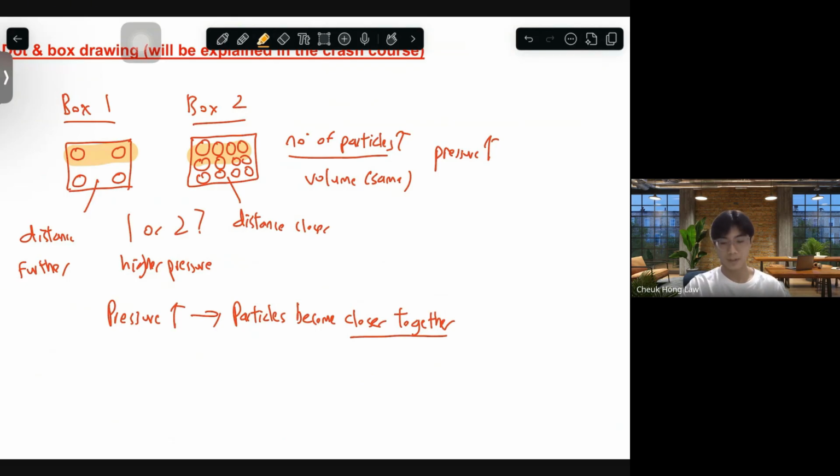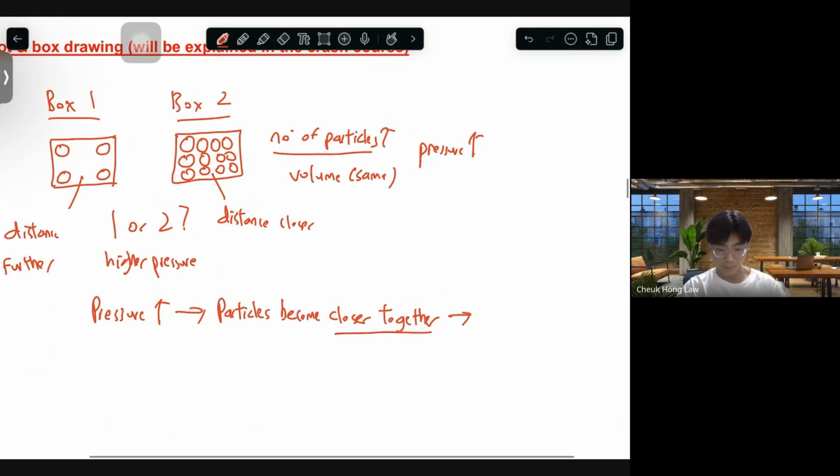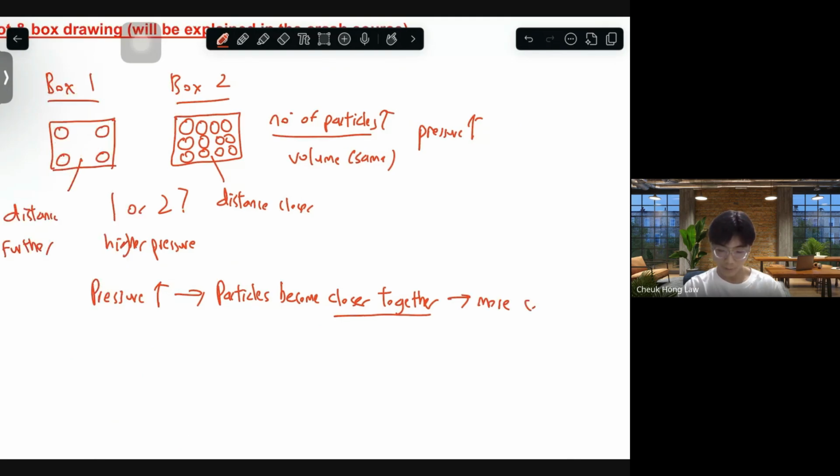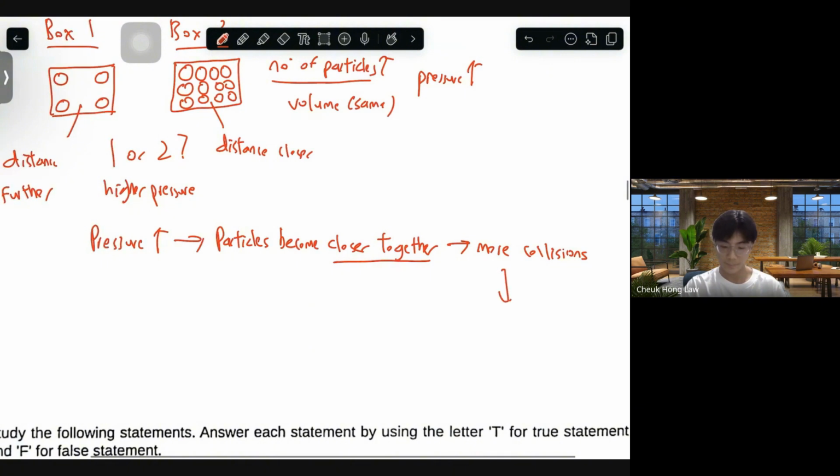So the particles are closer together, there will be more collisions. And just now we learned that if there are more collisions, there are also more effective collisions. So frequency of effective collisions increases, and therefore rate of reaction increases.